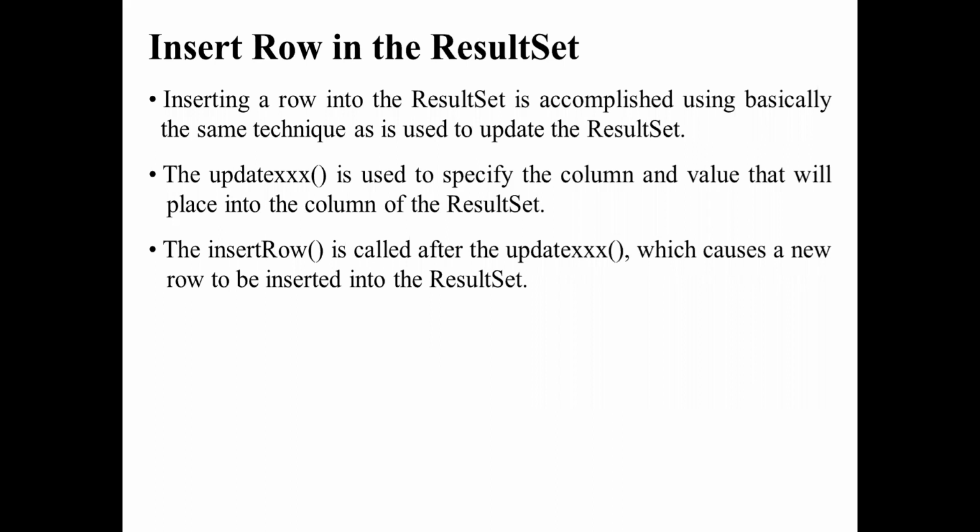Then the insertRow method is called immediately after we call updateXXX. It means that we insert the row into the result set, because the new values of the row will be inserted into the result set. So this is how we insert a row in the result set.